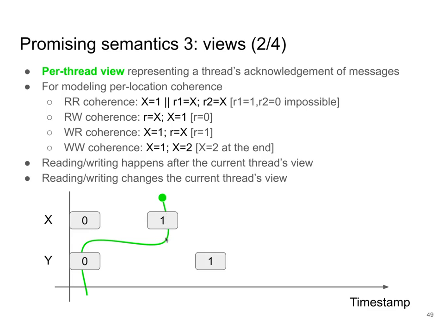So if you just read it, then the write should happen later. That is the rule of read and write for this RW coherence. As a result, when you read a message, the message cannot be what is written later, because this message should be written after the timestamp of this read. So as a result, in this example, reading 1 here is impossible.